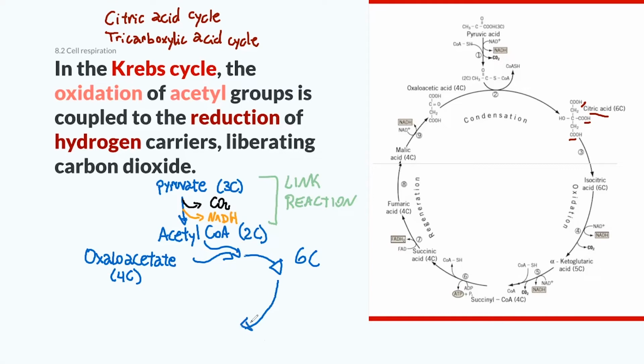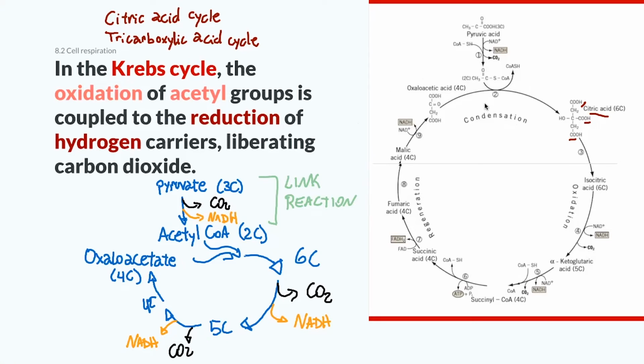And through a series of steps that will give you a 5-carbon molecule, you will have the formation of CO2 and NADH. Then we have the formation of this other 4-carbon molecule with, again, the formation of CO2 and NADH.